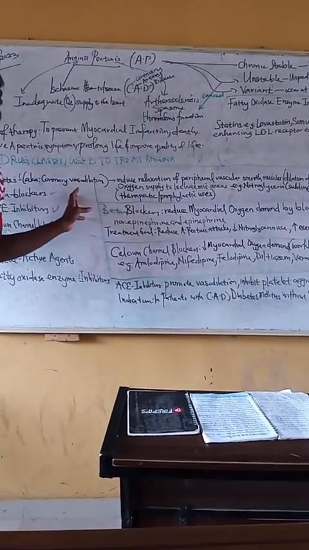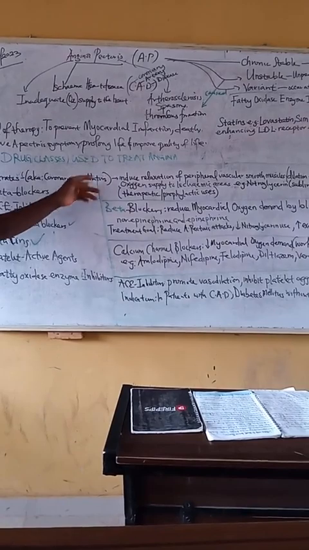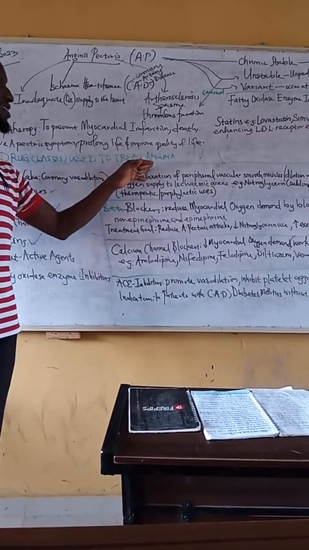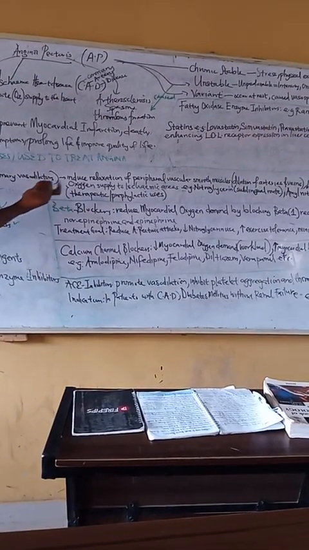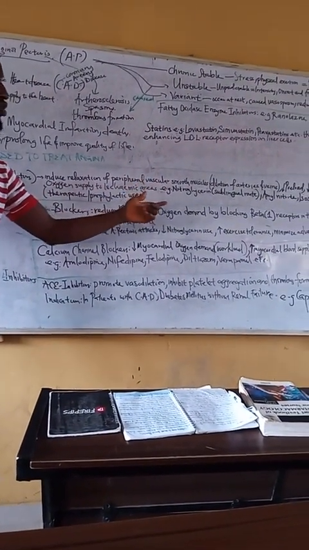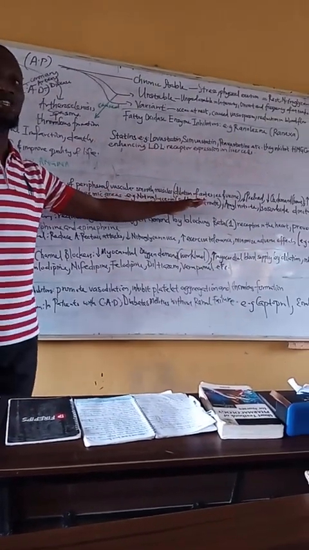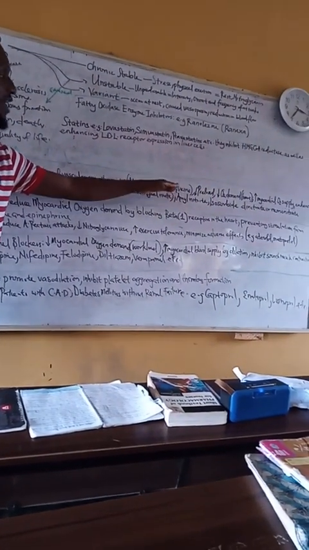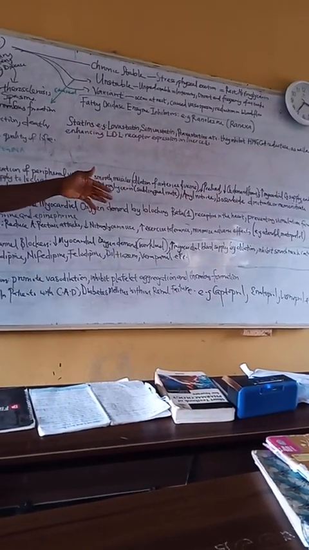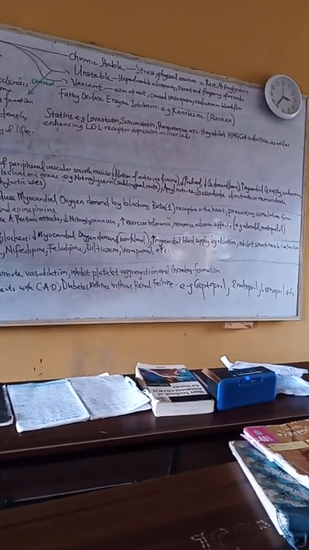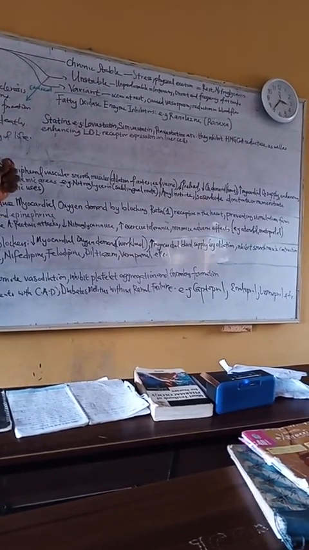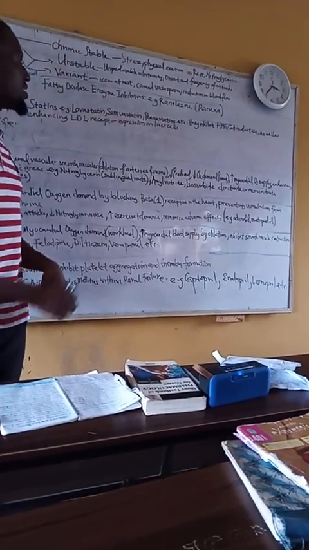Nitrates are also called coronary vasodilators. What do they do? They induce relaxation of the peripheral vascular smooth muscles. Once you relax the peripheral vascular smooth muscles, you're going to produce dilation of the arteries and the veins. When they are dilated, you will reduce preload, which is the pressure and the volume of blood going towards the heart in the veins.